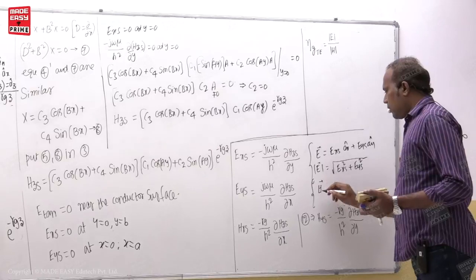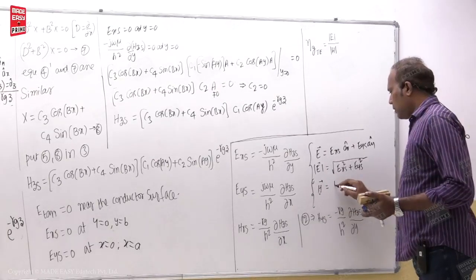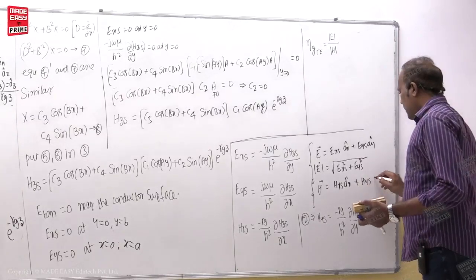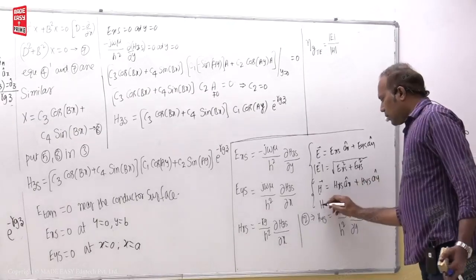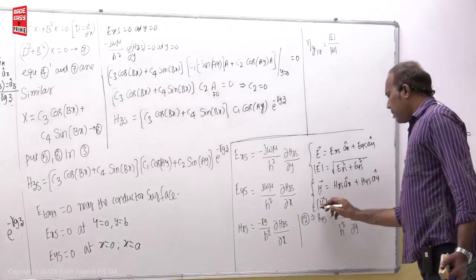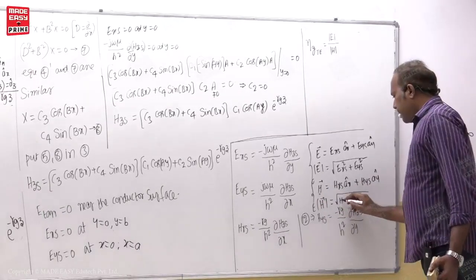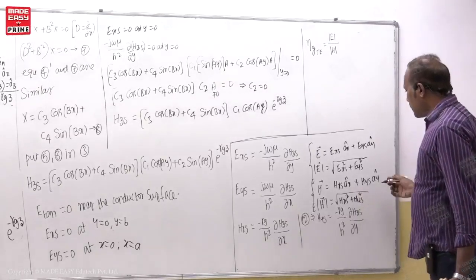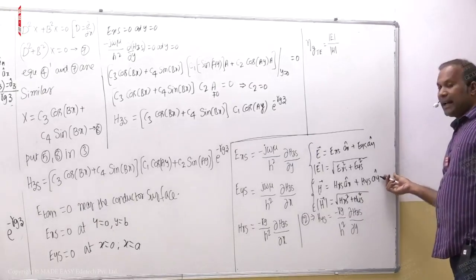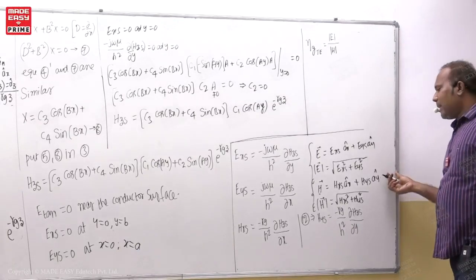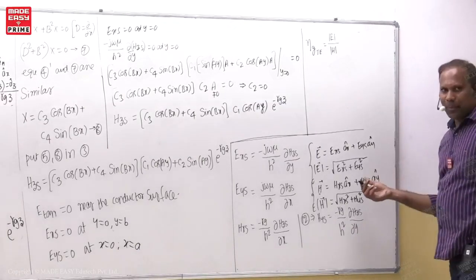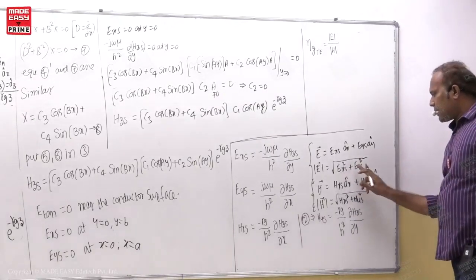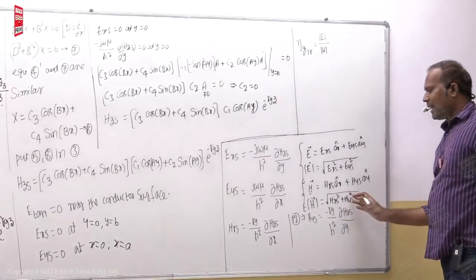Similarly, total magnetic field is equal to HXS ax plus HYS ay, then the total magnetic field magnitude is root of HXS square plus HYS square. Then some students may ask a doubt: sir, why are you not writing HZS? And I told you that HZS is only the mother component. These components only, electric field x, y and magnetic field x, y components, carry the power.